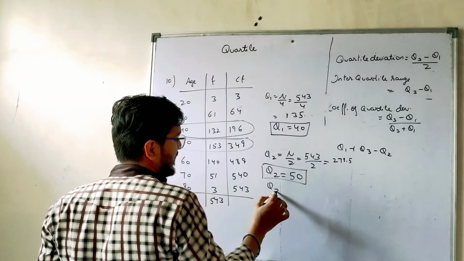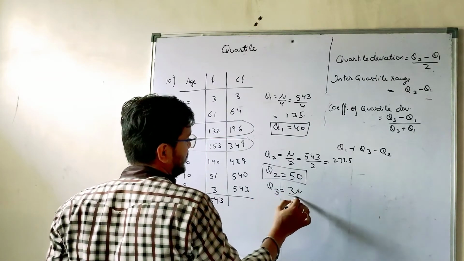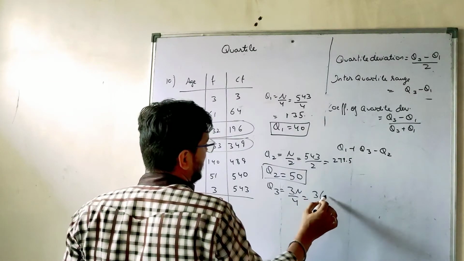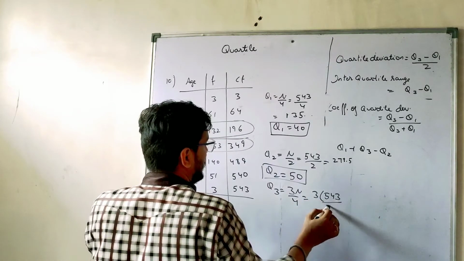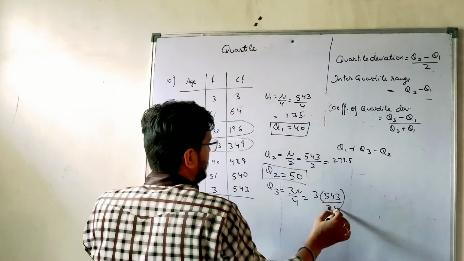Similarly, Q3 direct value you have to determine, 3n upon 4, 3 times 543 upon 4.